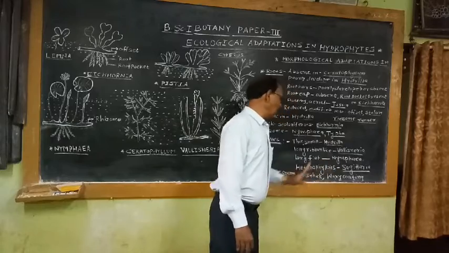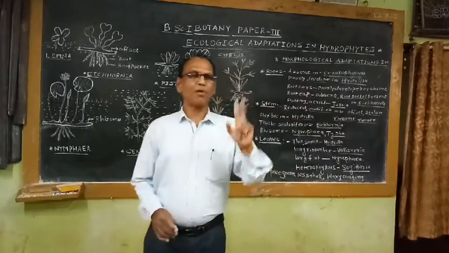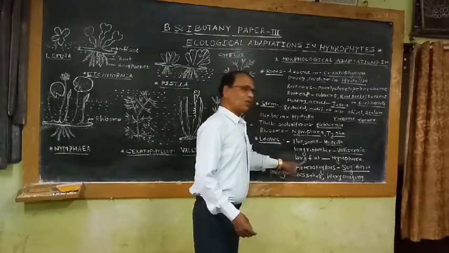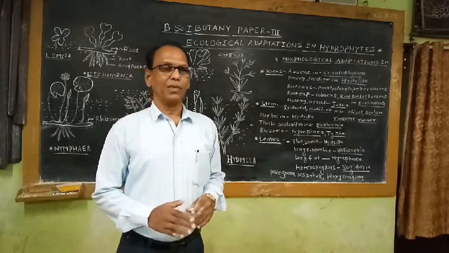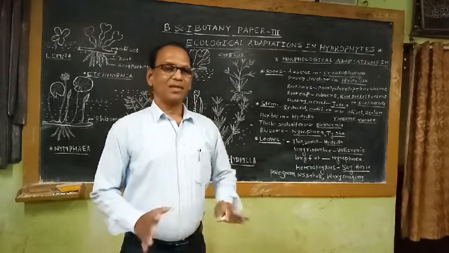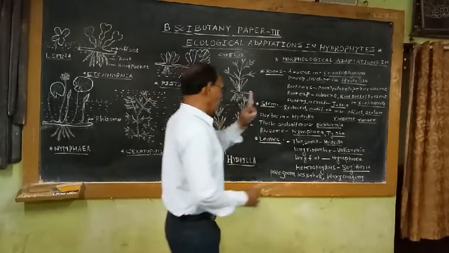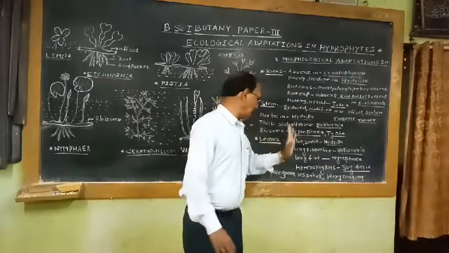Then, if we observe the leaves of Sagittaria, two types of leaves are there. Some leaves are small and immersed in the water, and some leaves are flat and elongated. That means two different types of leaves are observed in a plant like Sagittaria.